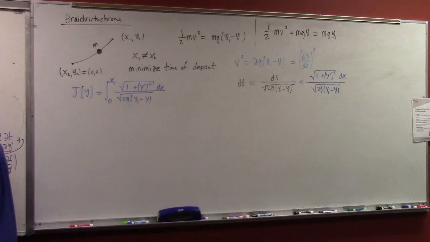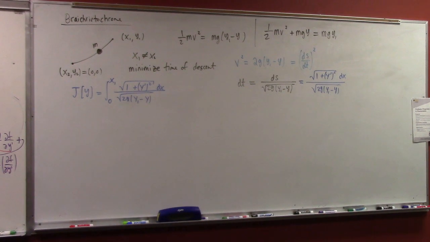Now, to make this problem nice, you don't want to look at the regular Euler-Lagrange equations. You want to look at what are called the modified Euler-Lagrange equations. You can prove this through the chain rule or something.